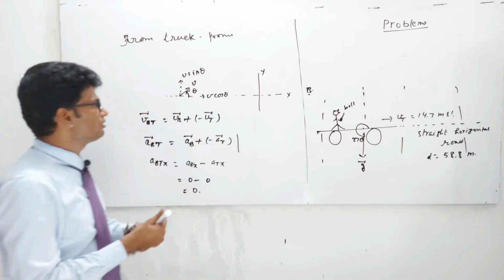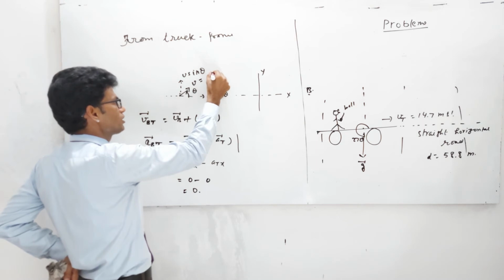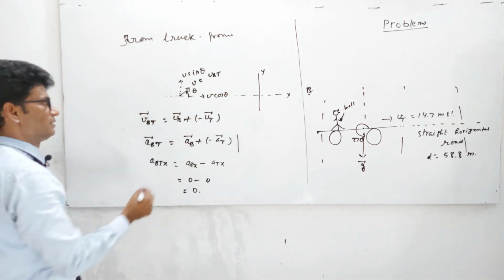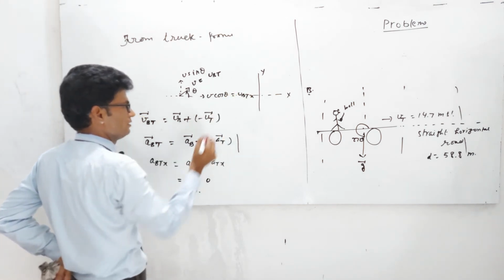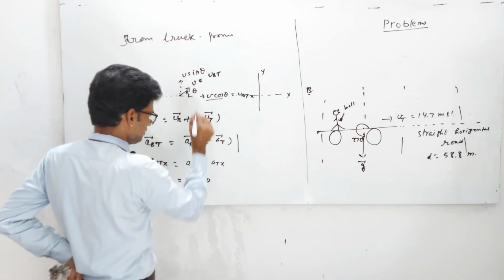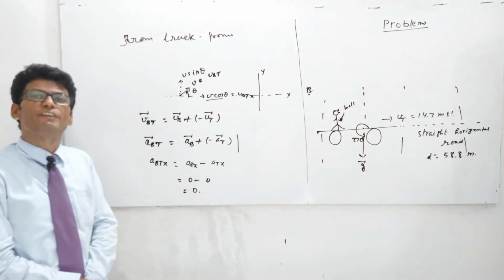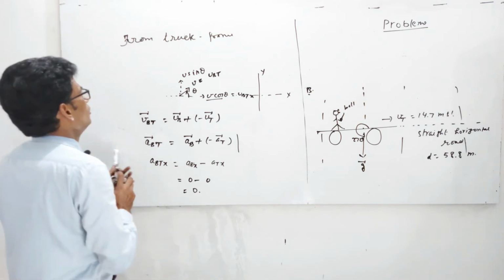Now v is already assumed to be the velocity of ball with respect to truck, and this is the x component of the velocity of ball with respect to truck. So this is constant and there is no acceleration, so we may apply d equals v t.